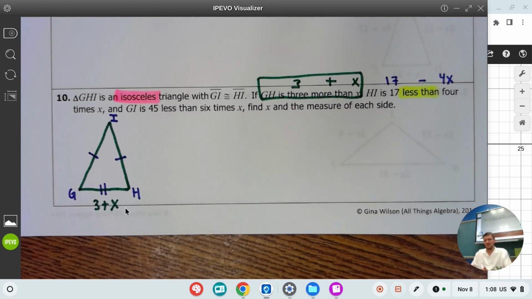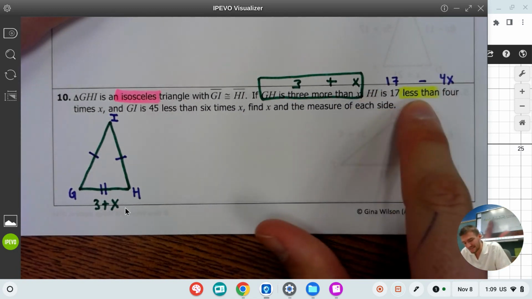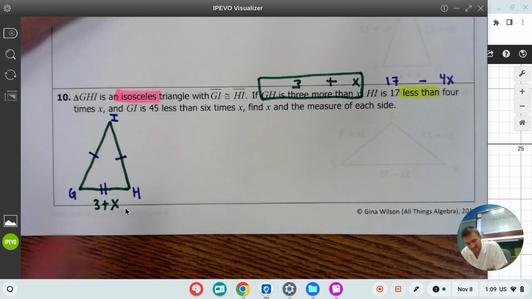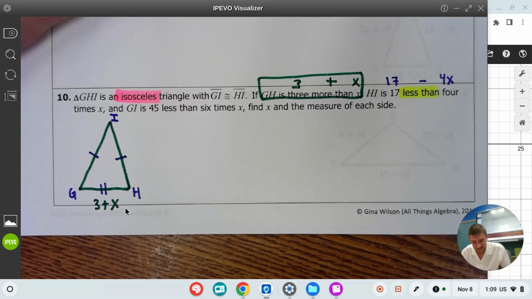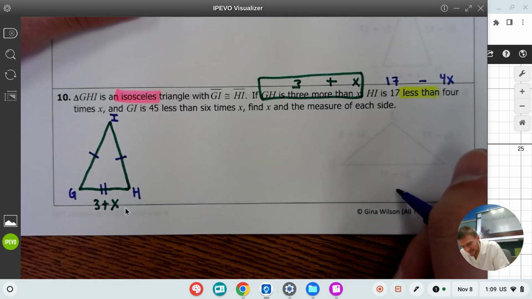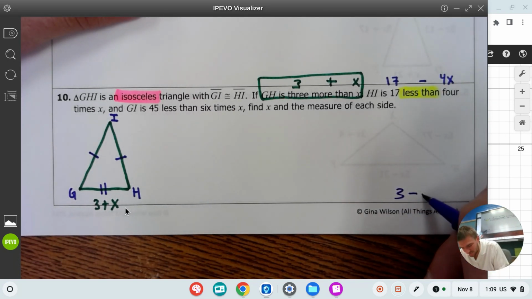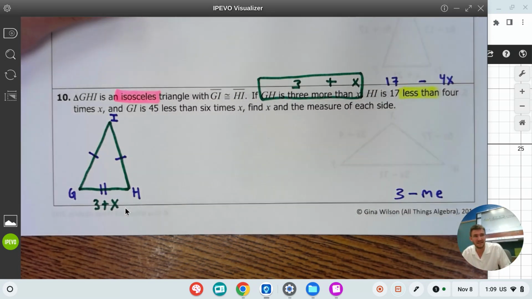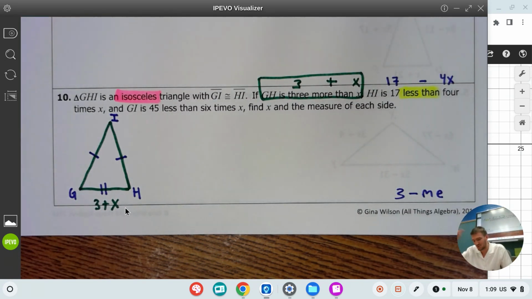If I tell you guys that my brother is 3 years less than, that doesn't really start my sentence wrong. As far as how old we are, he's 3 less than me. Alright? Would I set that up and say, hey, my brother's age is 3 less than me, and start with the number 3 and subtract away my age?